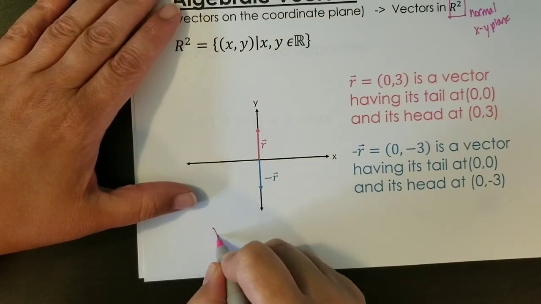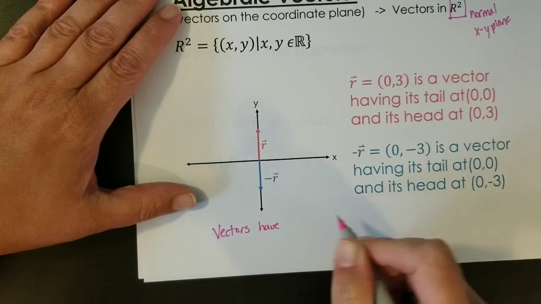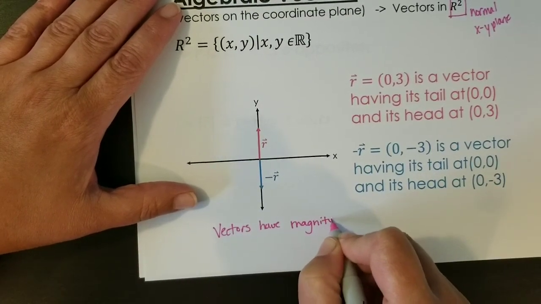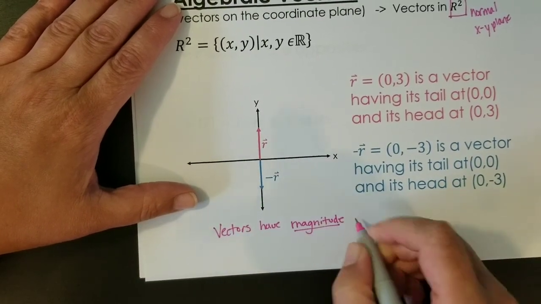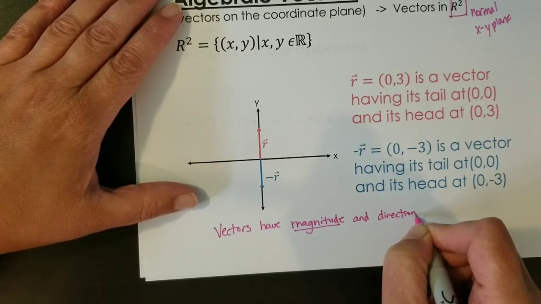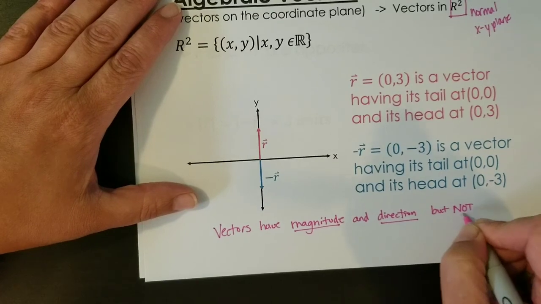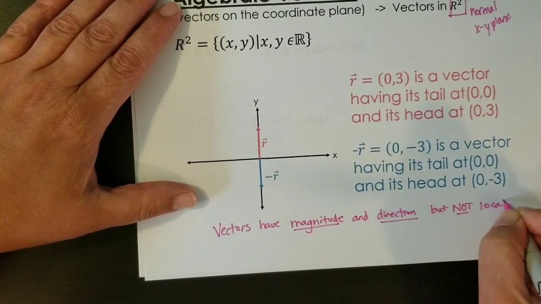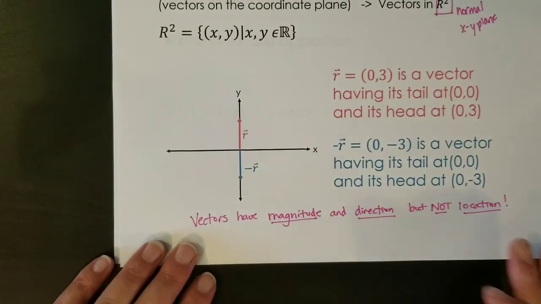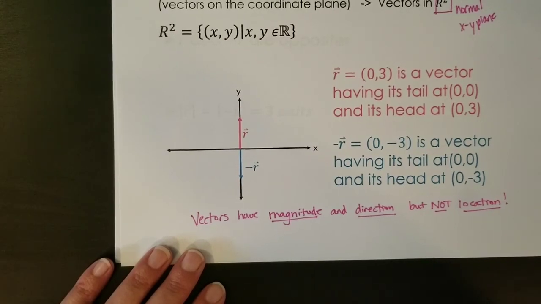Vectors have magnitude, or size, and direction, but not location. So any vector will have a magnitude and a direction, but it doesn't have an associated location.